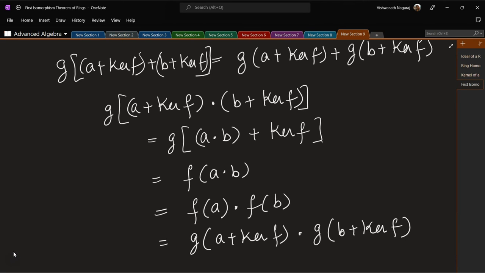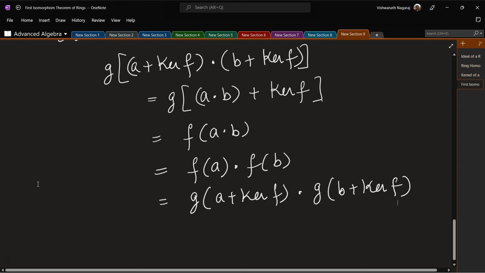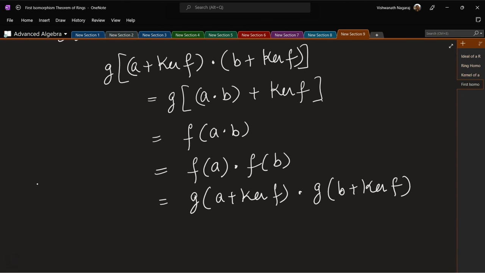So again, we have satisfied the condition for a ring homomorphism, both with respect to addition and multiplication.